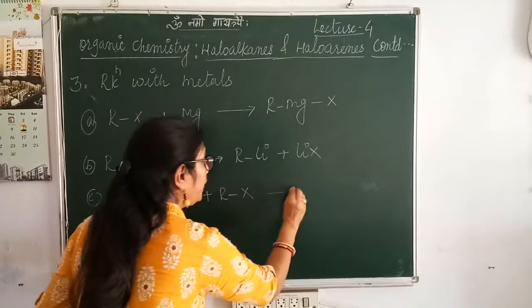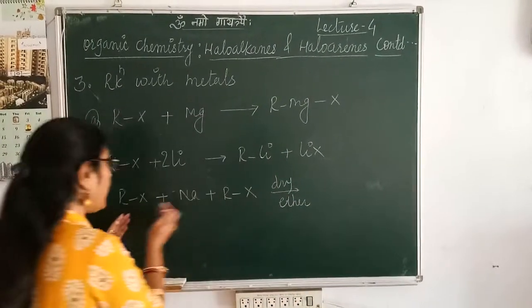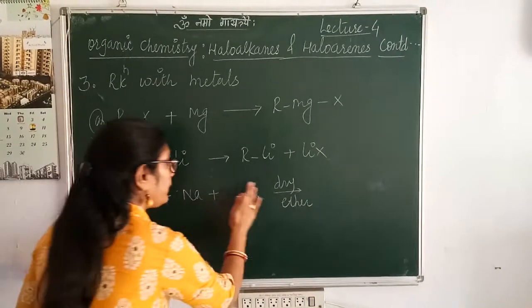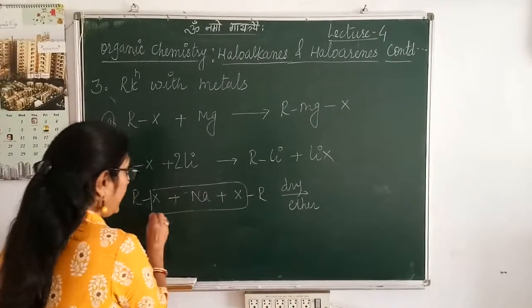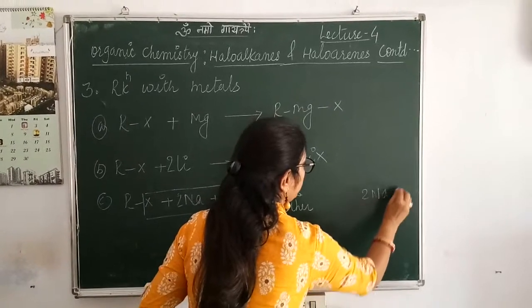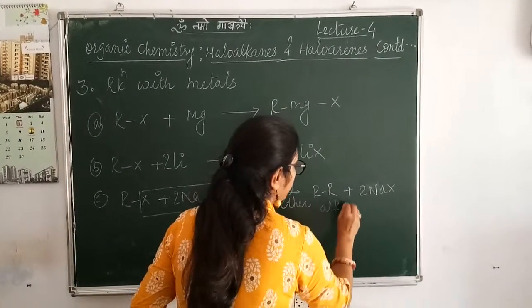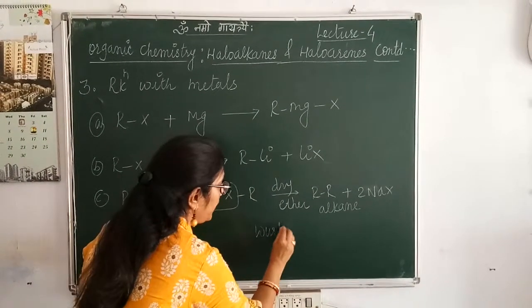In presence of dry ether, 2 moles of alkyl halide in presence of sodium metal, NaX is eliminated and we get alkane. What is the name of this reaction? Wurtz reaction, very, very important reaction.